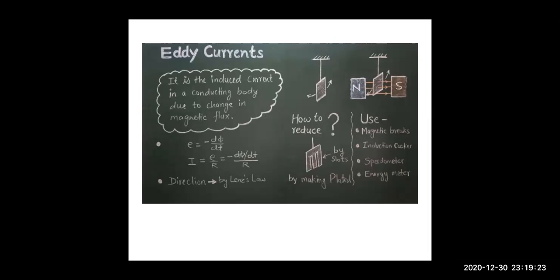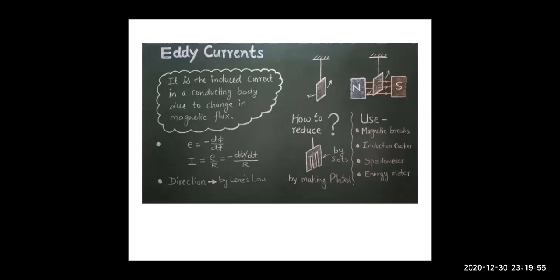Now, children, why is the current called eddy current? The reason is that when the magnetic flux in the conductor changes, the free electrons in that conductor experience a magnetic force, and because of this magnetic force, the electrons start moving in the form of small loops or eddies, or in the form of a whirlpool, just like the whirlpool of water.